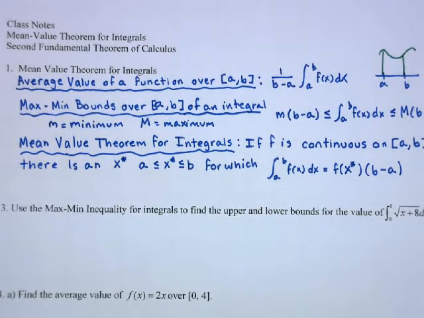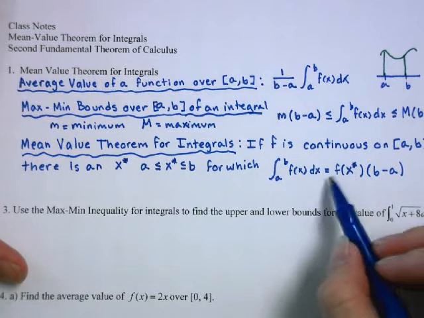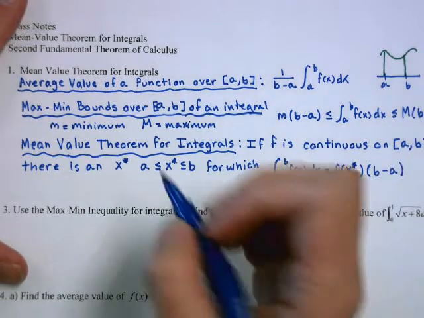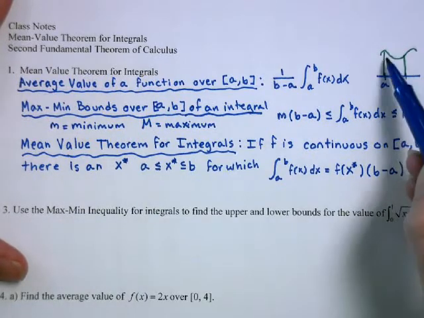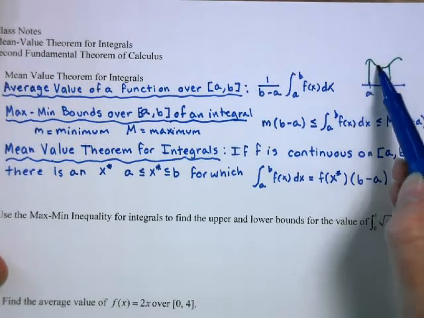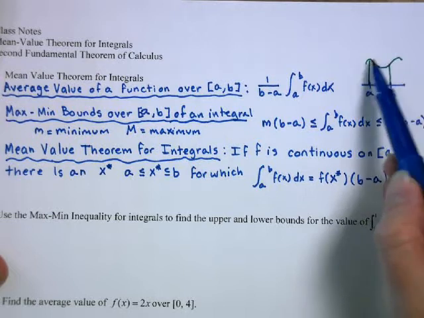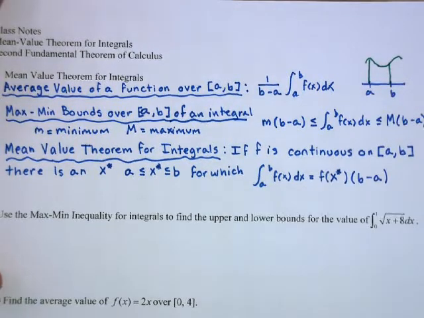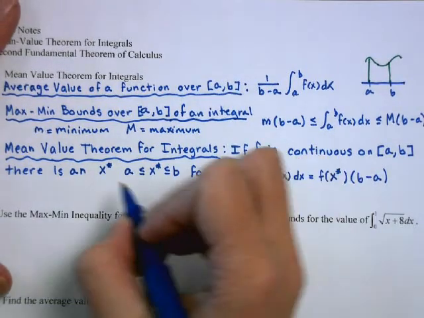Looping this all together, the function value used here is going to be the average value. That should make sense: if I'm looking at the different heights, the average value of this function times b minus a is going to be the integral area.